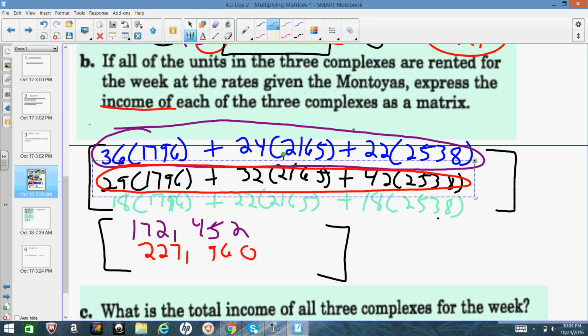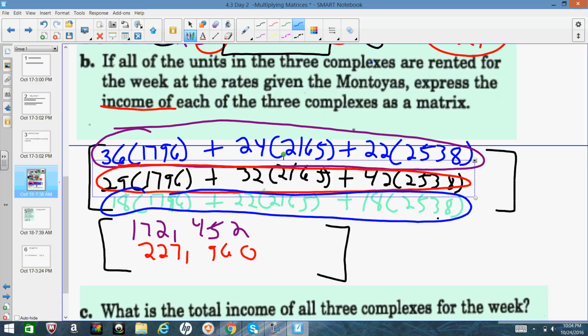And the blue, I take all these numbers, multiply them together, I'm going to get 125,642. So again, that's how I express that income as a matrix.